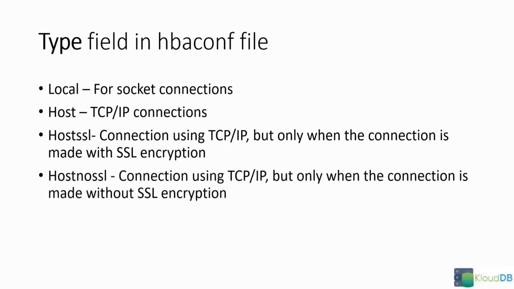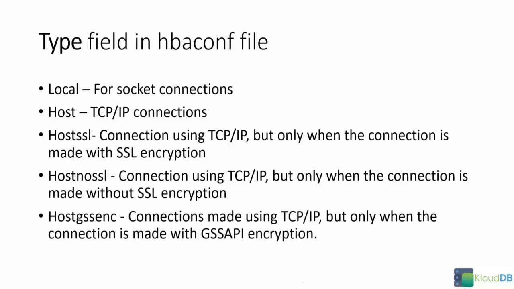It only accepts connections with SSL encryption. Hostnossl means the connection is using TCP/IP, but only when the connection is made without SSL encryption. This is the opposite of the one above, which is called hostssl. And then this one, hostgssenc.